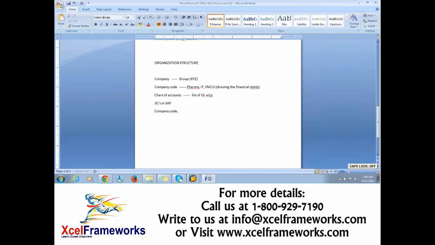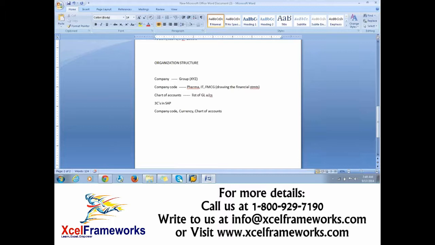Company code, currency, chart of accounts. In order to work on SAP, we have to have 3 C's. What are those 3 C's? Company code, currency and chart of accounts. So once you create all these 3, then your SAP system is ready to work on.